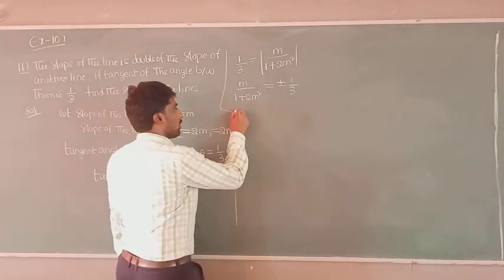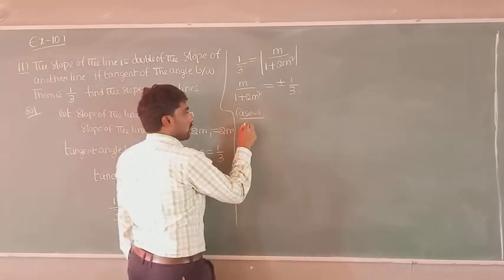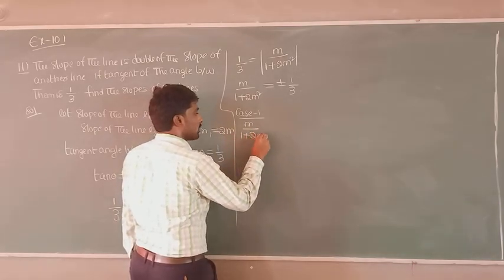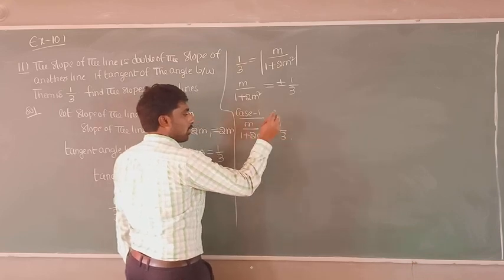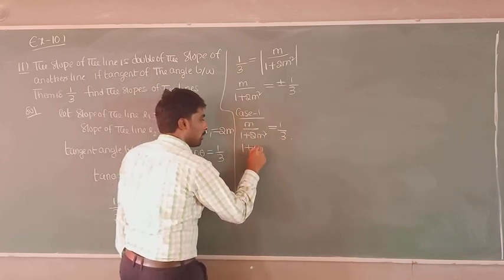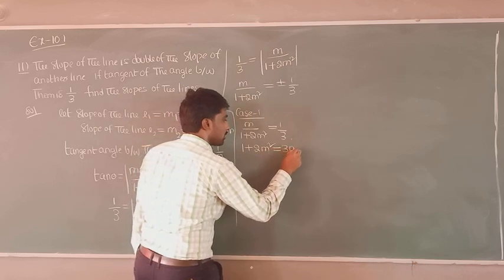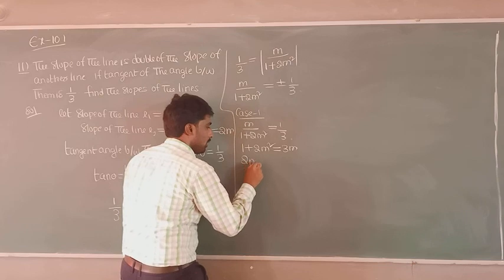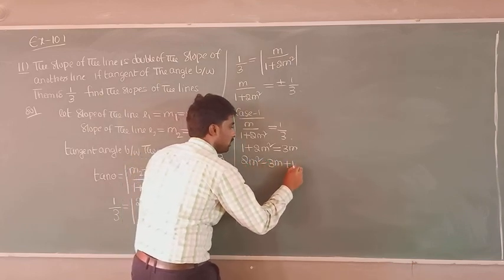So take case 1: m by 1 plus 2m square equals 1/3. If I cross multiply both sides, I get 1 plus 2m square equals 3m. If 3m comes to this side, I get 2m square minus 3m plus 1 equals 0.